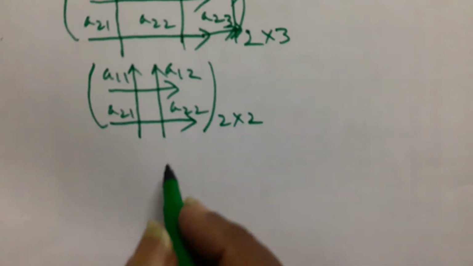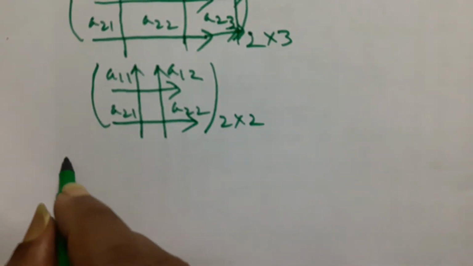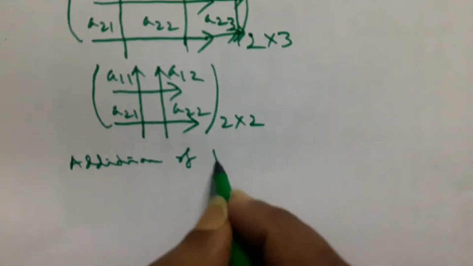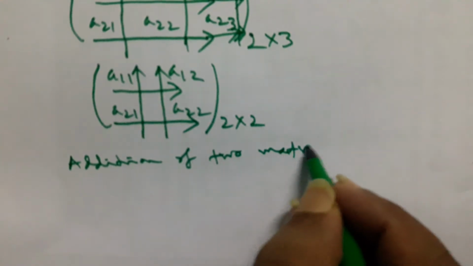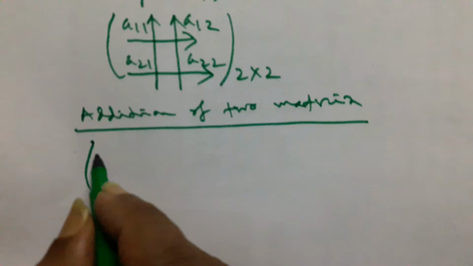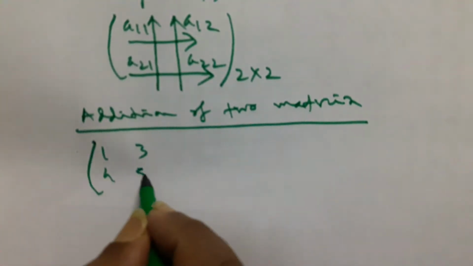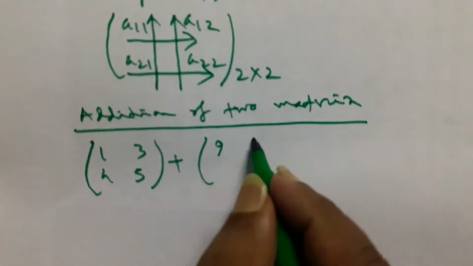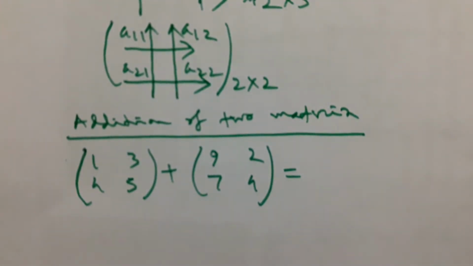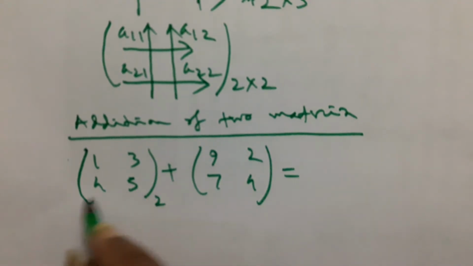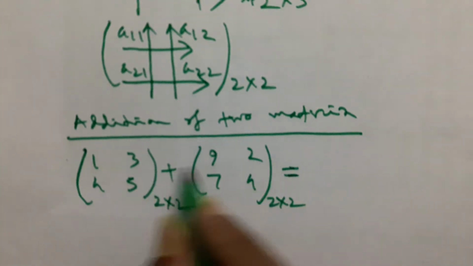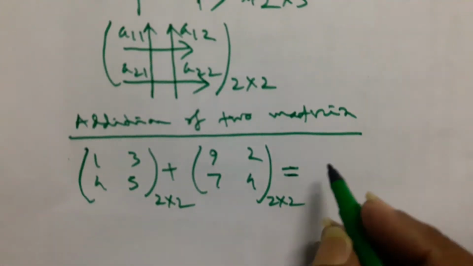Now we take the first operation, addition of two matrices. Suppose we take an example: 1, 3, 4, 5 plus 9, 2, 7, 4. The first criterion is that both maintain the same order. Here the order of the matrix is 2 by 2, and here also 2 by 2. So they are conformable to add.